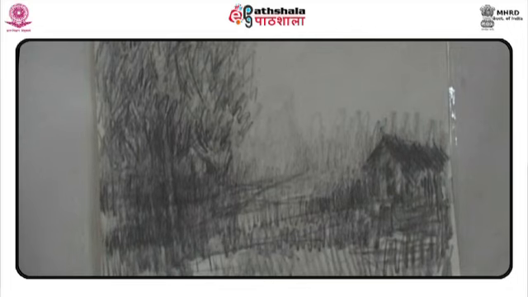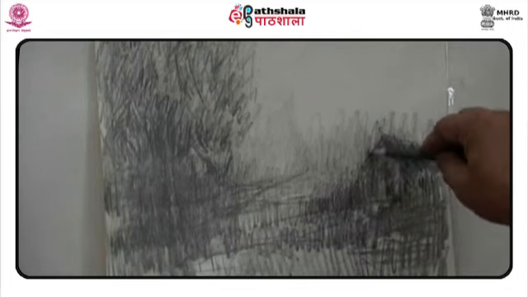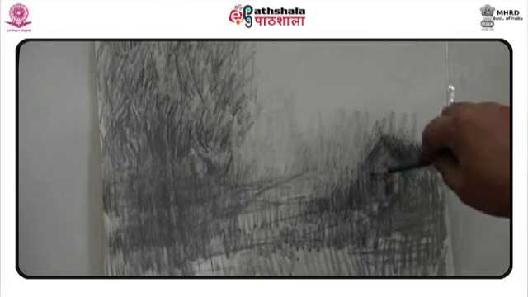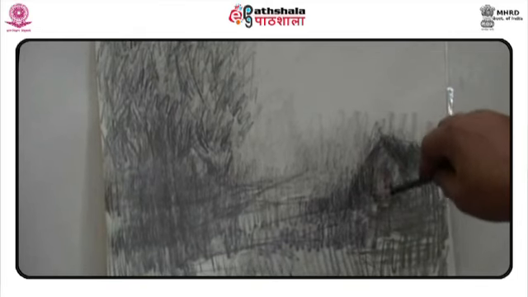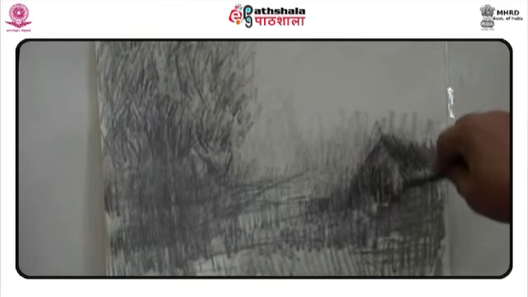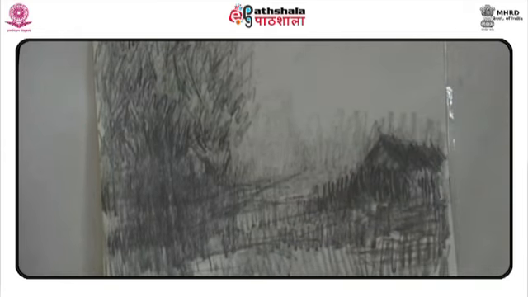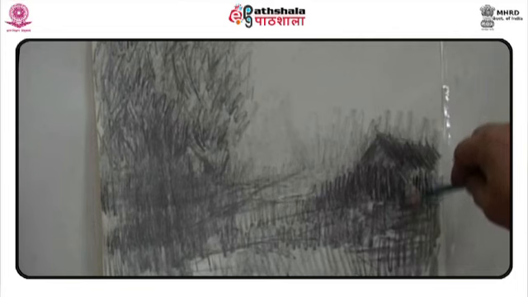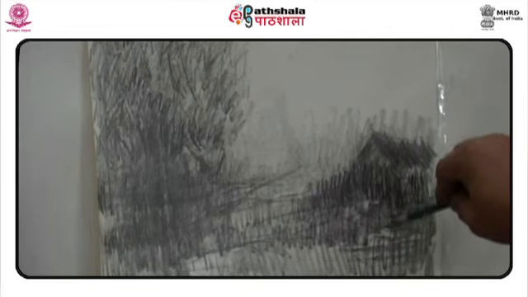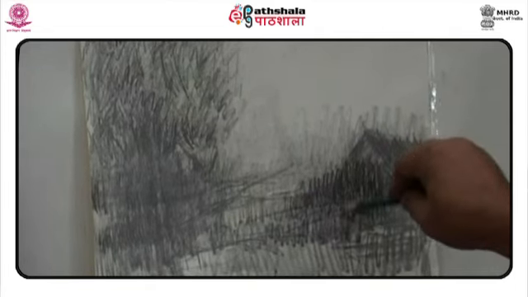Time to darken the crops in front of the hut on the right side of the drawing and push it more in the space. A few scribbles behind the foliage bring out another dimension of more growth in the distance.